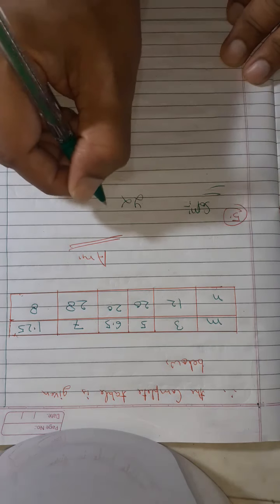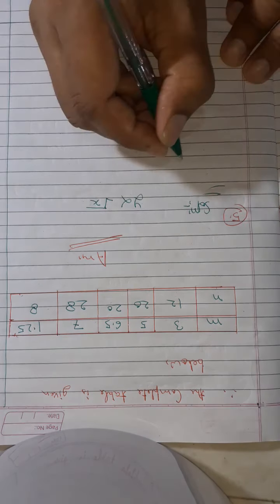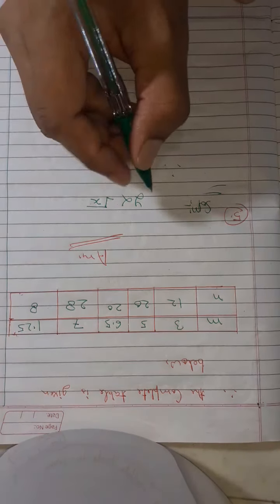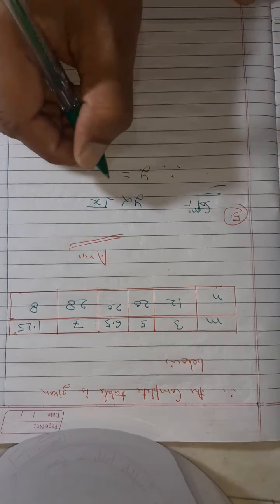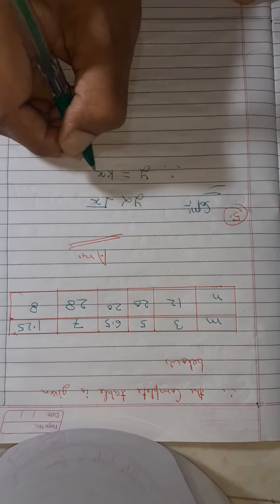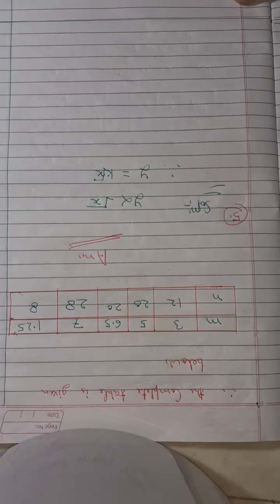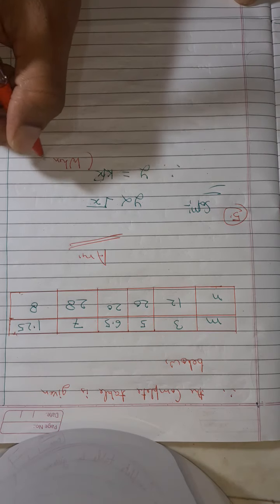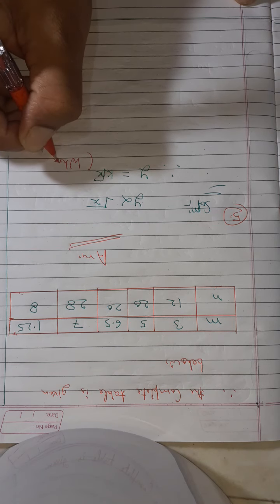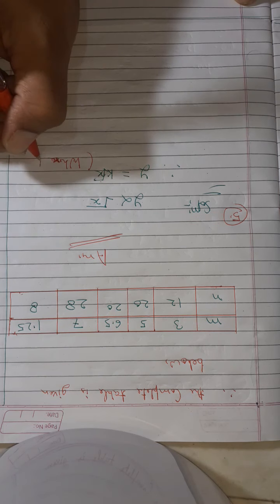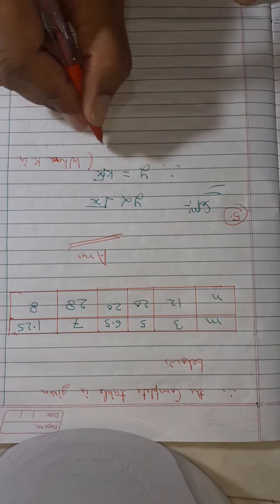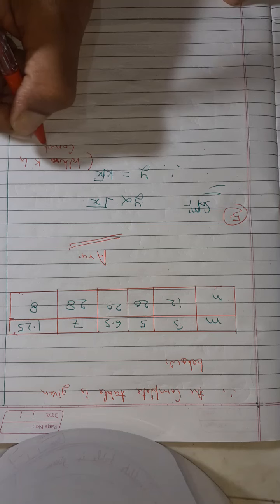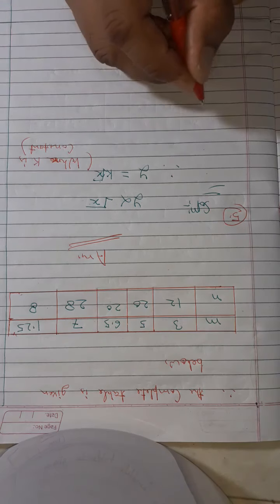y proportional to under root x. Clear? So therefore y is equal to k under root x, where k is constant. Clear?